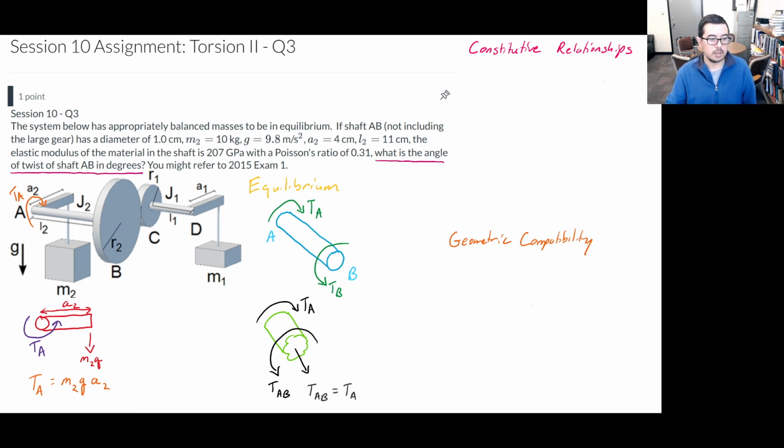Now what do we do next? Let's take a look at what happens in terms of geometric compatibility. Here is shaft AB again, and this time we might consider a convention that we would use if we had sliced the ends of the shaft.